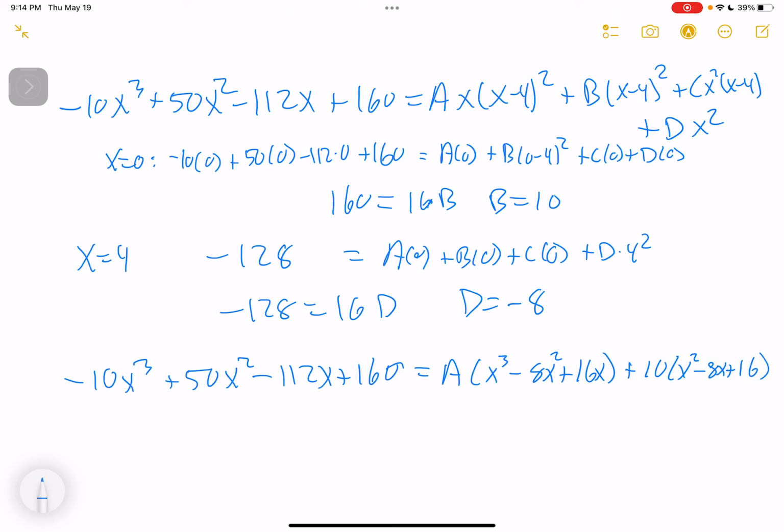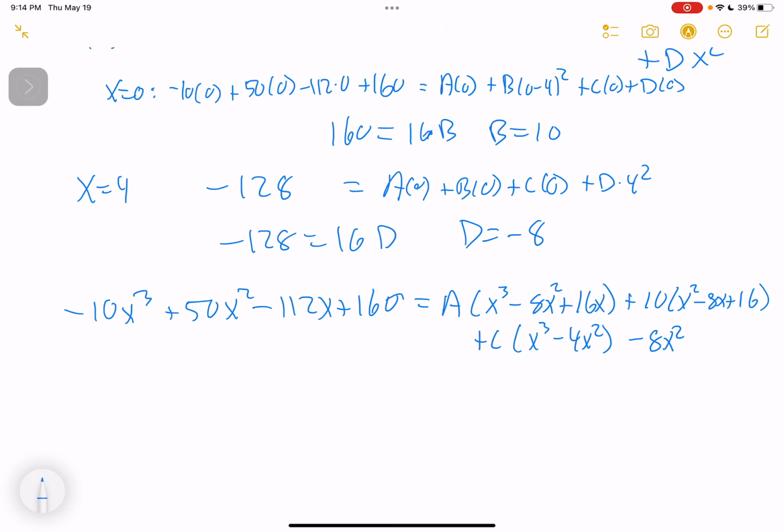And then we have plus c times x cubed minus 4x squared, plus d times, well, you know what d is. D is negative 8, so minus 8x squared. With that in mind, I'll take it one step further.